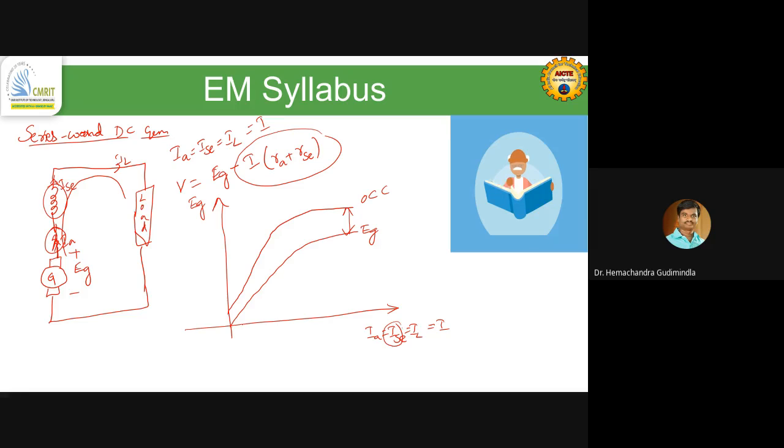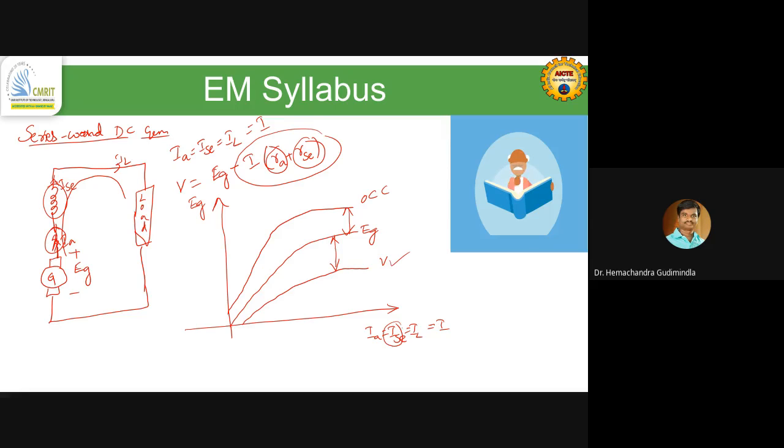So again this will be further reduced like this. So this will become the terminal voltage. This gap is due to the armature ohmic drop and the field ohmic drop, both the armature drop and field drop. So due to these two terms, the voltage graph will look like this. In most cases they will see these things.